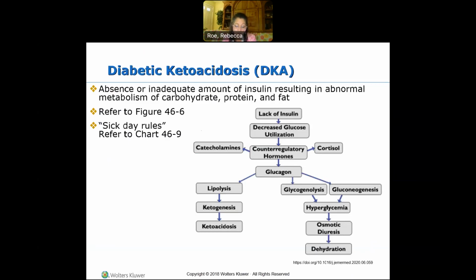Some medications can cause it, like corticosteroids, oral anti-diabetic agents, even some anti-diabetic agents used in type 2 diabetes. Toxic ingestion of something.